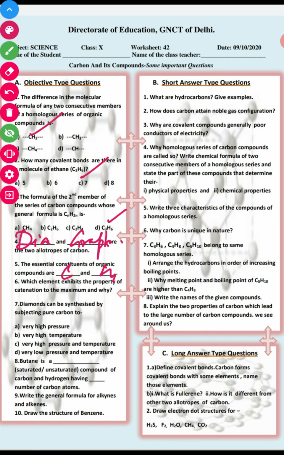Okay, so next question we have, which element exhibits the property of catenation to the maximum extent, and why? The answer is carbon.